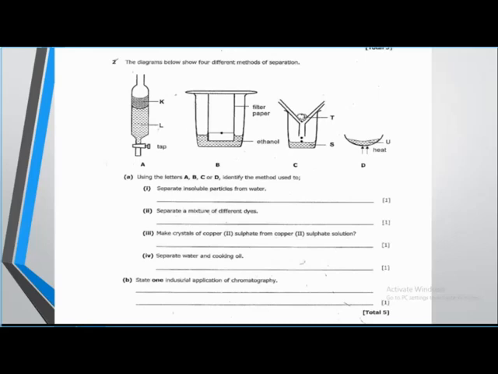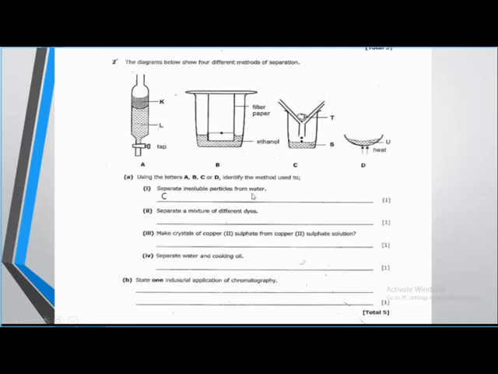Let's start. Using the letters A, B, C, or D, identify the method used to separate insoluble particles from water. So when we hear the words insoluble particles, here they are talking about things which cannot dissolve in water. So you can give an example of sand, chalk powder. These cannot dissolve in water.